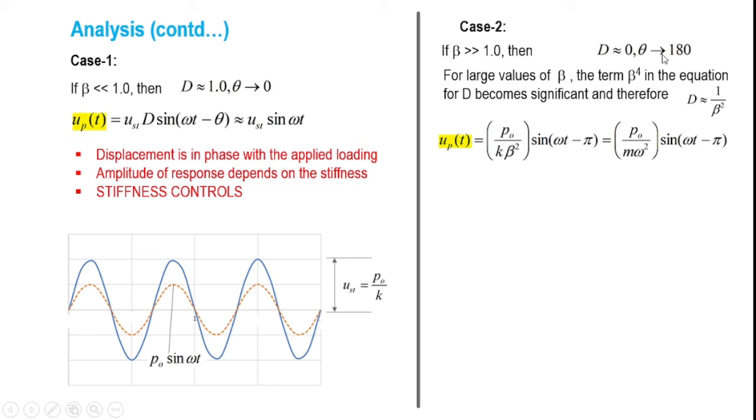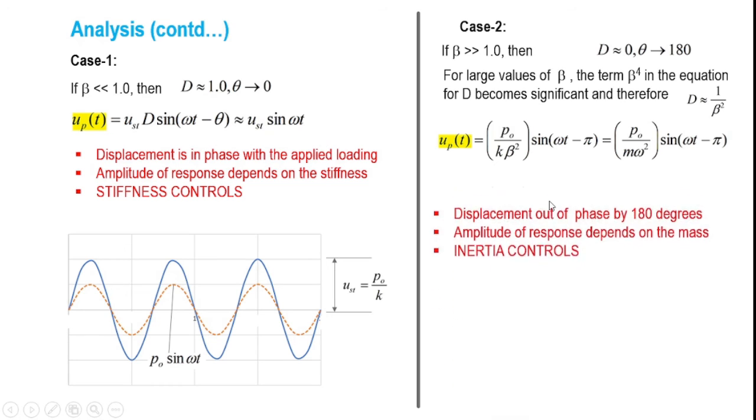Remember, pi corresponds to a phase angle of 180 degrees. And now making substitution, we know that omega n is nothing but the square root of K by m, which means that this term can be simplified to P0 by m omega square into sine of omega t minus pi. Now let us make some interesting conclusions.